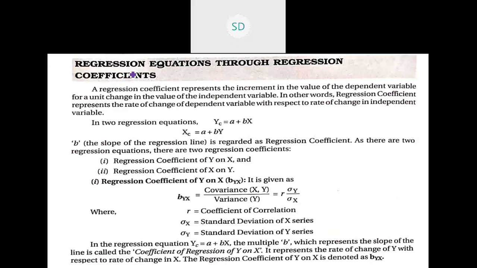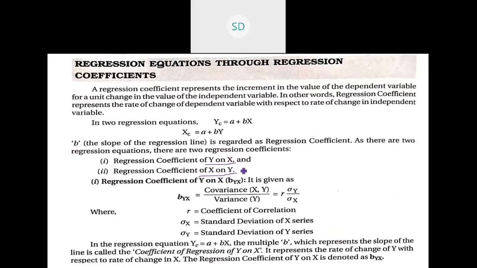Again, the common thing in regression is you will have two equations, first y on x and then x on y. If you're talking about coefficients, again it is y on x and x on y. So anywhere you see, you will have two equations and two coefficients.